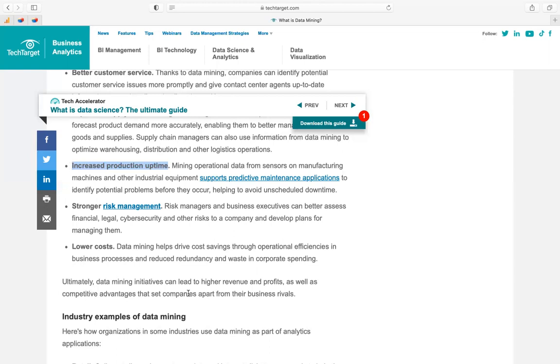Lower costs. Data mining helps drive cost savings through operational efficiencies and business process improvements, and reduces redundancy. What's redundancy? It's very simple. Redundancy is just the duplication of data. So you have Kofi like 4 times in the data, doing nothing. Let's say we have a data set for an organization, maybe about the employees.